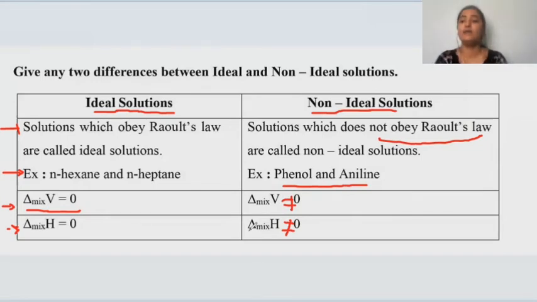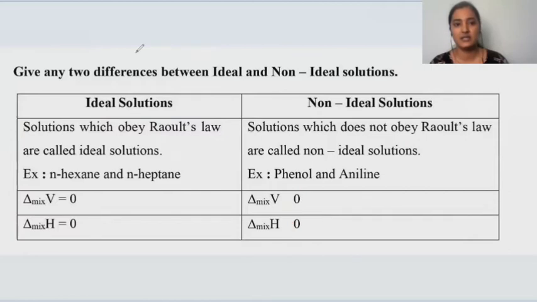The enthalpy is going to change. Solutions which obey these conditions are regarded as non-ideal solutions, and you can write these points of difference for both ideal as well as non-ideal solutions.